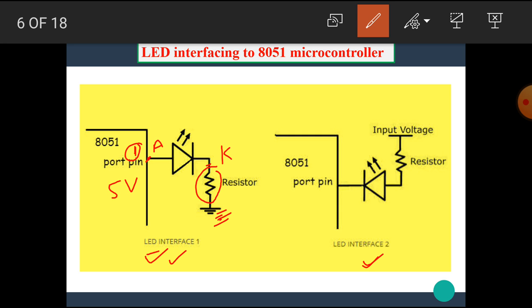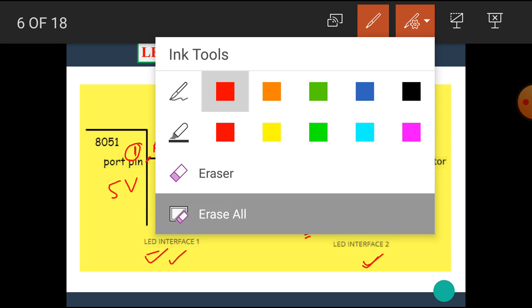Now let's see the other one. Here the anode is connected with the input voltage of 5 volt through a resistor, and the cathode is connected to the port pin. Here the 5 volt is given, but to glow this LED we have to give 0, that means ground, to this pin. I hope you all understand. Let's see once again.